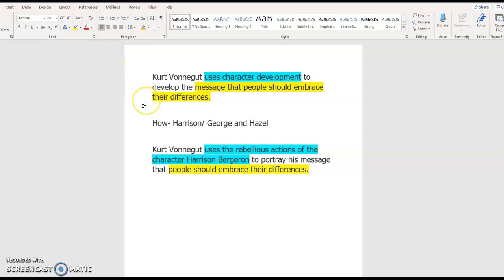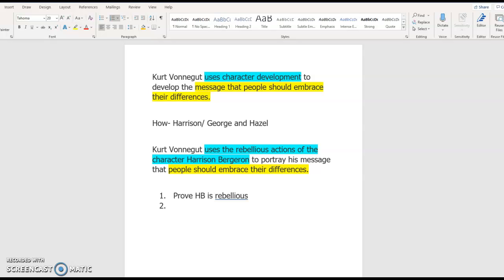By doing that, now I know what my body paragraphs are going to be. I'm going to look at the rebellious actions. The first thing I have to do is prove that Harrison Bergeron is rebellious. Maybe I could spell one of these days. And then the next thing I have to do is show how this embraces this theme, right?